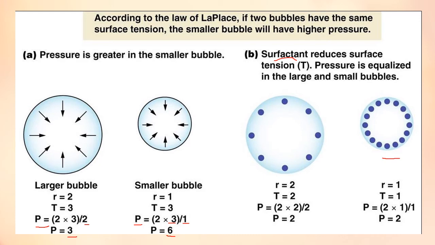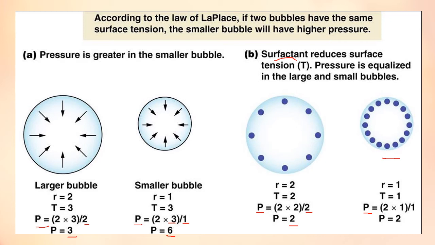So here, if you use the same formula, 2T, the P in the large bubble in B is 2 times T, where the surface tension in the big bubble is 2, so 2 times 2 divided by the radius, which is 2, and you've got a pressure of 2. And for the smaller bubble, using the same formula, you greatly reduce the surface tension compared to the bigger bubble.